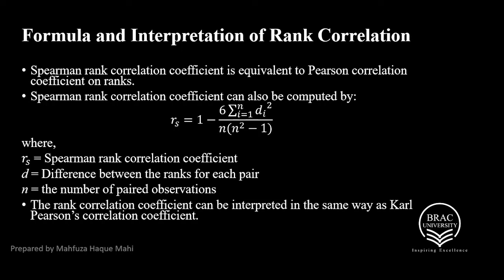You can see here Rs equals 1 minus 6 times the summation of di square, where i varies from 1 to n, divided by n times n square minus 1, where Rs is the Spearman rank correlation coefficient, d is the difference between the ranks for each pair, and n is the number of paired observations.